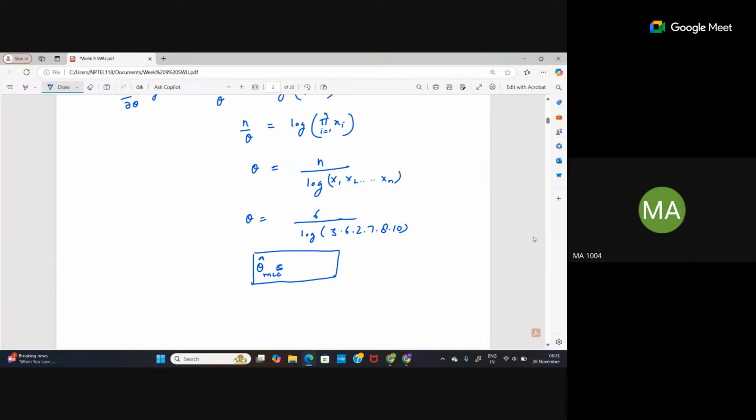Here you have to take natural log, not base 10.